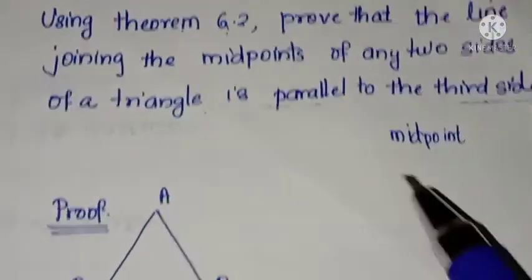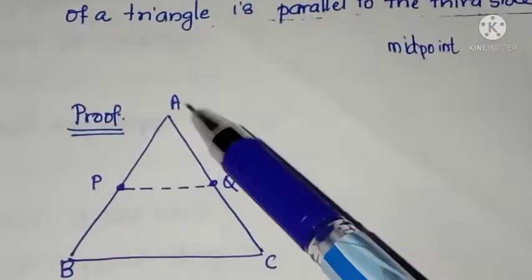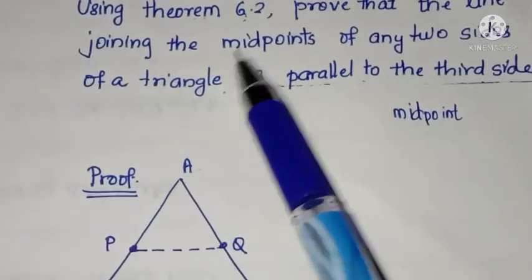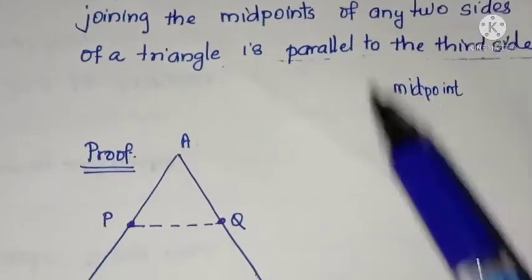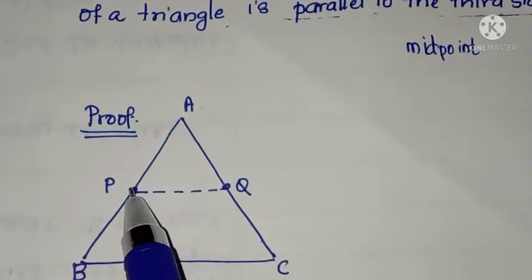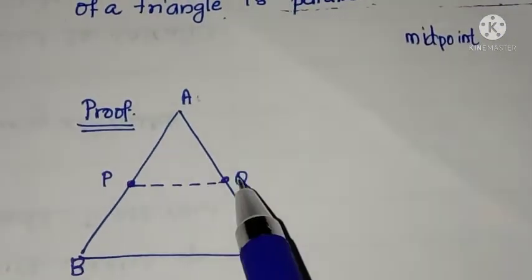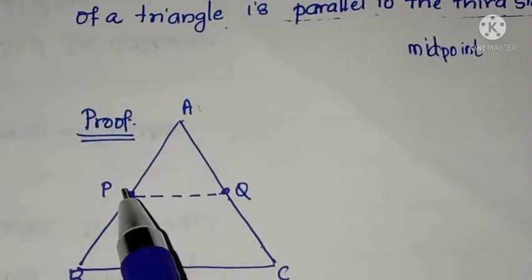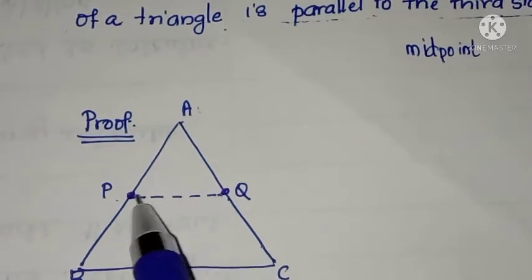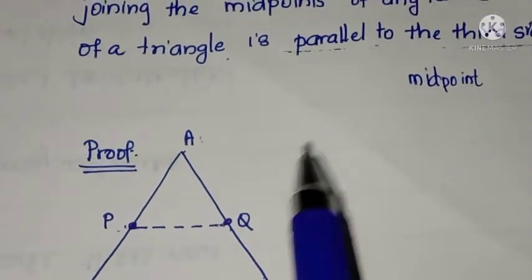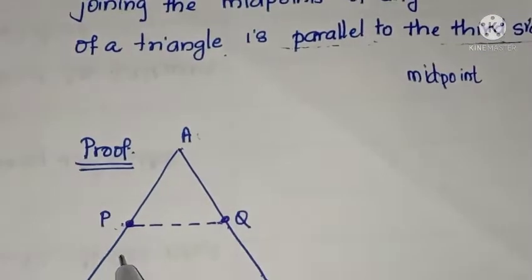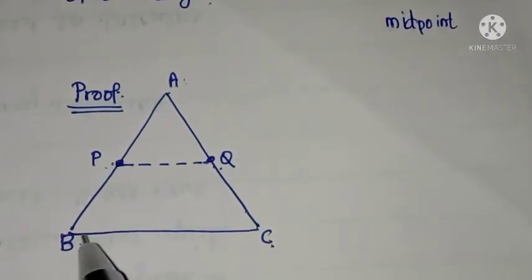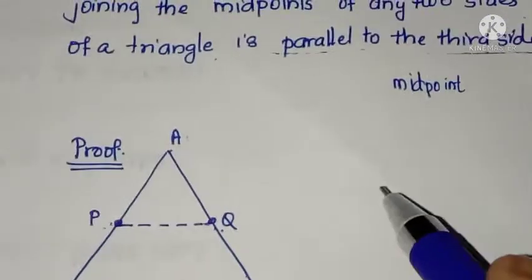Okay. So listen, we have a triangle ABC and the statement is the line joining the midpoints of any two sides. So take P as the midpoint of AB and Q as the midpoint of AC. Then join these two midpoints, we get a line PQ. So we have to prove that this line PQ is parallel to the third side, that is, parallel to BC.